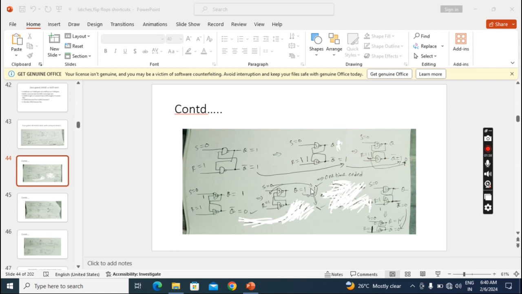So here I am getting Q 1 and Q bar 0. To know whether this output is stable or not, again I will feed back. This 1 I fed back here, so I am getting 0. Again this 0 I feed back to this, I am getting 1. So it is maintaining stable. This will be the final output. When I apply S0 R1, I am getting Q 1 and Q bar 0.